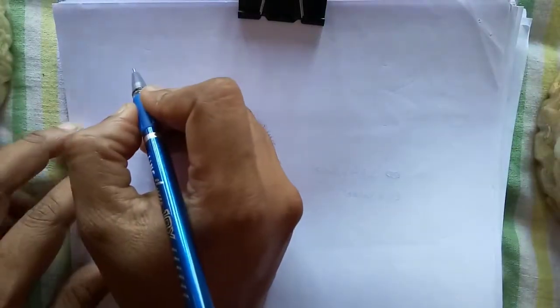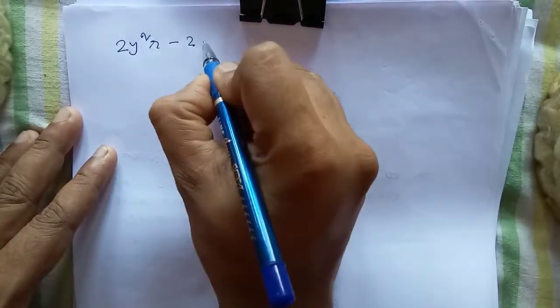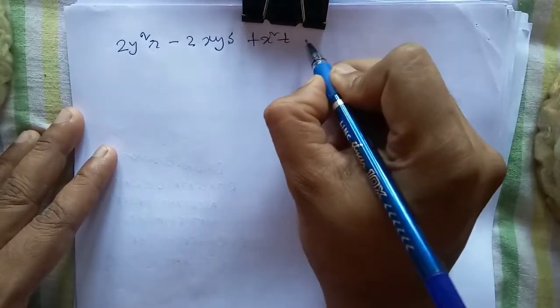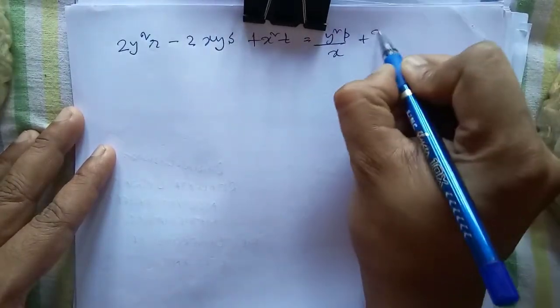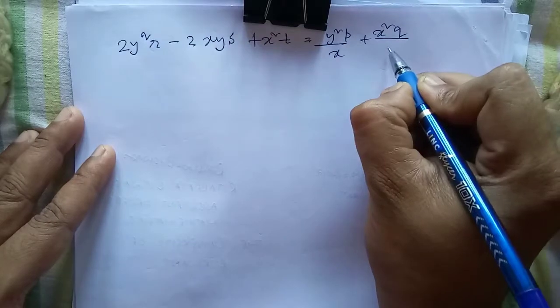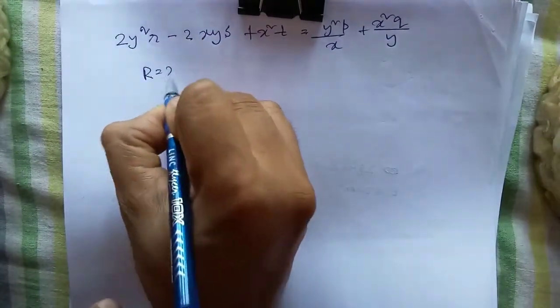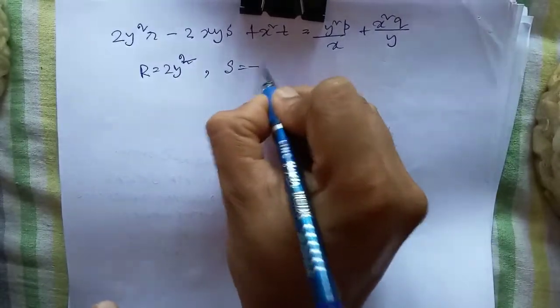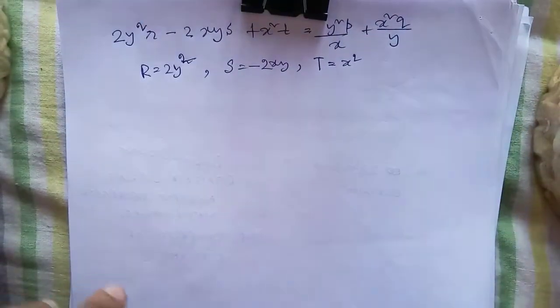Next problem in this row will be 2y square r minus 2xys plus x square t is equal to y square p over x plus x square q over y. So write it as capital R is 2y square, capital S is equal to minus 2xy, capital T is equal to x square.